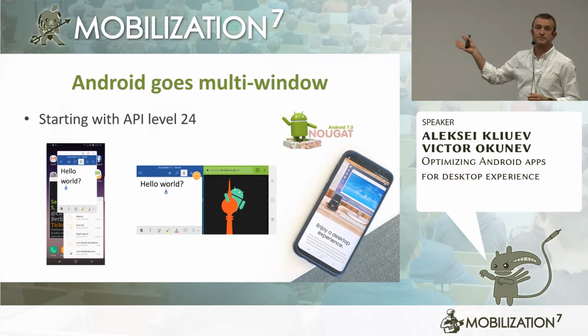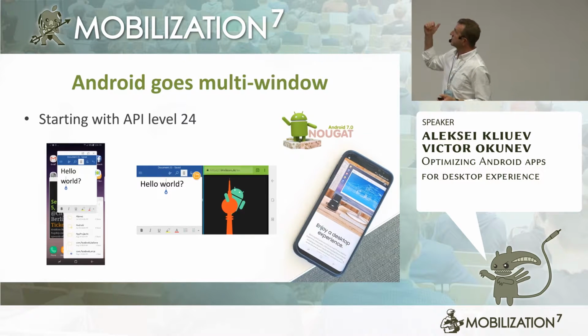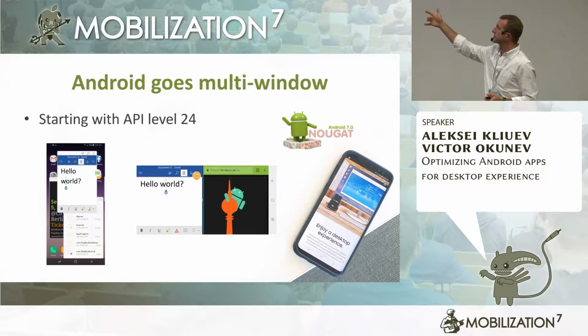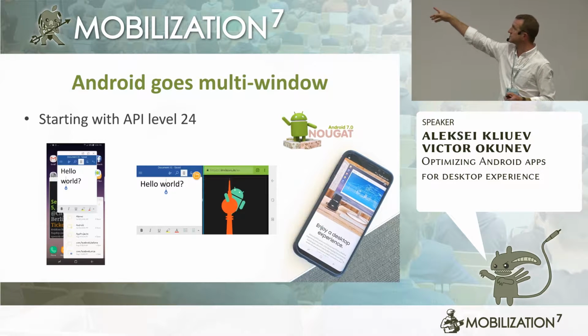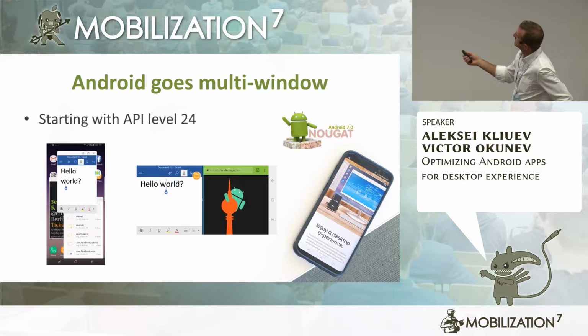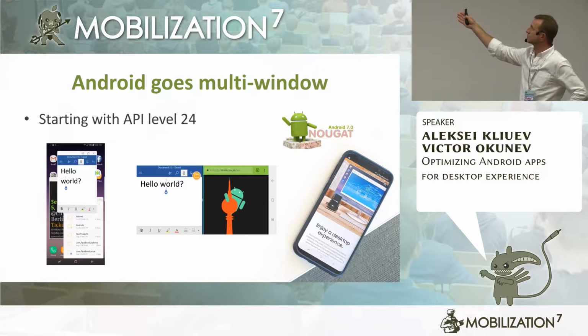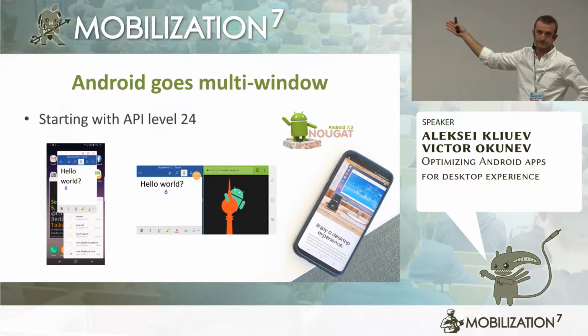And you can actually experience it on your mobile device without any additional hardware. You can actually launch your apps in so-called free form, as you can see here on the left. Or you can launch a couple of apps in so-called split screen mode.